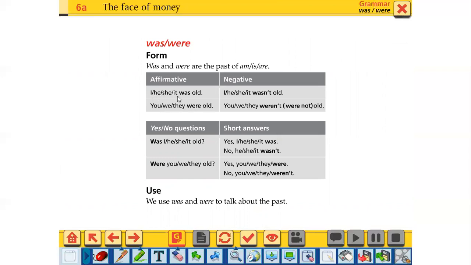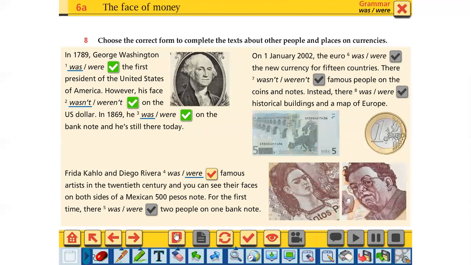I, he, she, it was. ¿Ok? Todo está en el cuadro gramatical. Lo revisan bien y lo aplican acá. ¿Ok? Y así continúan haciendo este ejercicio donde corresponde. ¿Ok?